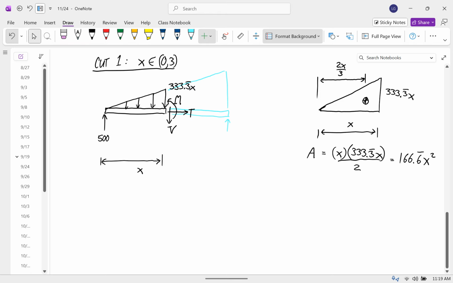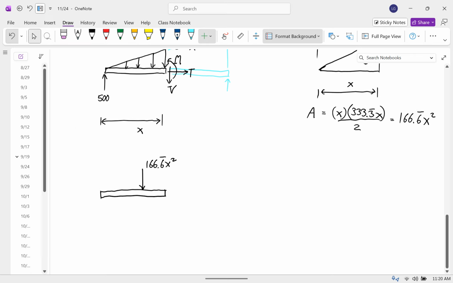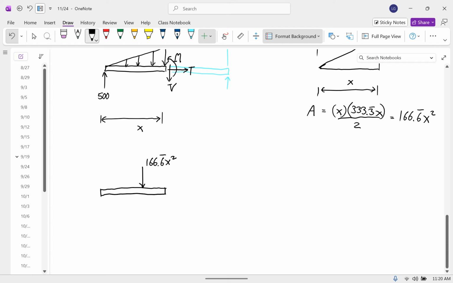And so now I'm going to draw this free body diagram again with that distributed load represented by its equivalent point force. And so that is a downward force of 166.6 repeating x squared. We still have the 500 Newton force and the internal loads.